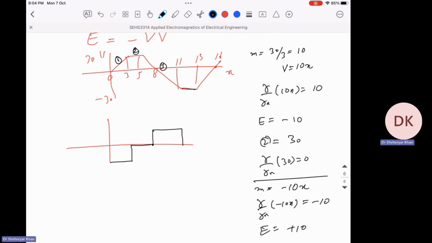Again, this part is 0. And the other part is again 10. Okay. So minus 10, plus 10, at 3, 5, 8, 11.